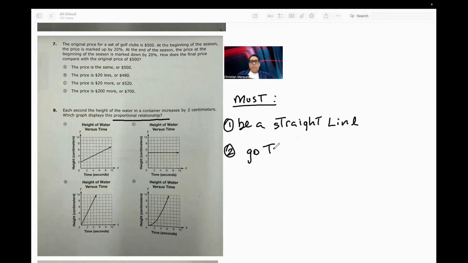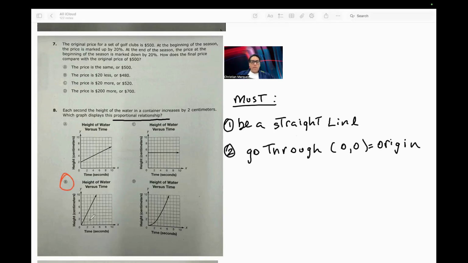So you need to go through the point 0, comma 0. It's also called the origin. Now, the only alternative that meets this requirement is this one right here.